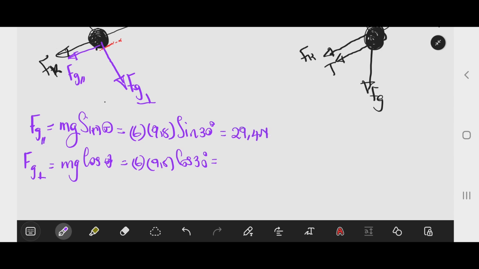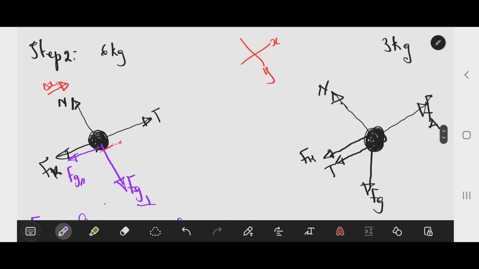So we have our Fg parallel for the 6 kg to be 29.4 newtons, and for the second component, Fg perpendicular would be 6 multiplied by 9.8, cos 30. Then I have my component to be 50.92 newtons.